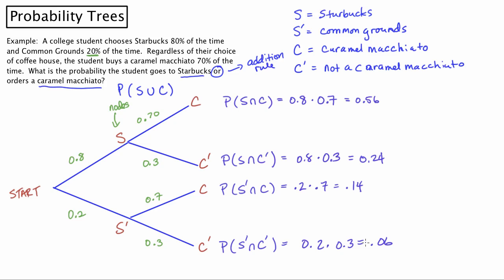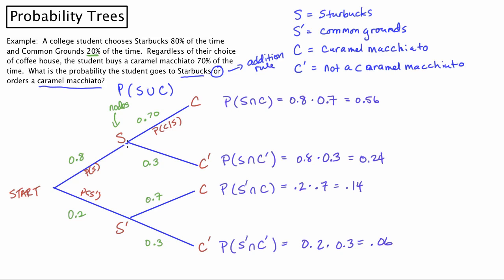Now, once we've done this, we've identified every single outcome that's possible. I do want to stress to you the importance of knowing what these individual branches are. This first branch is the probability of S. This is the probability of not S. Here, just this part, is the probability of C given S has already occurred.